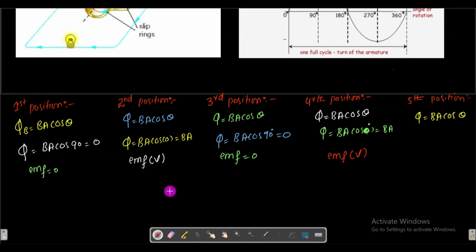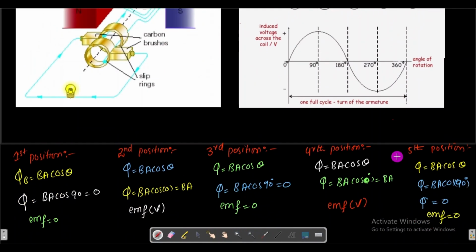In this case, theta becomes 90, so it is BA cos of 90. Cos 90 is equal to 0. So again the flux becomes 0. So the induced EMF in this case will be 0. EMF is equal to 0.